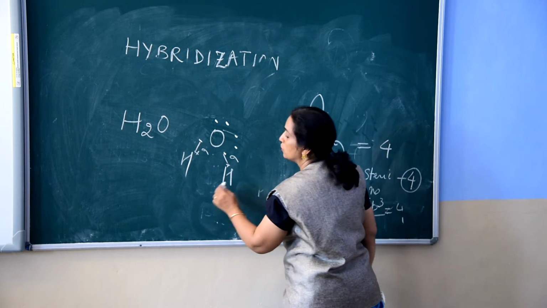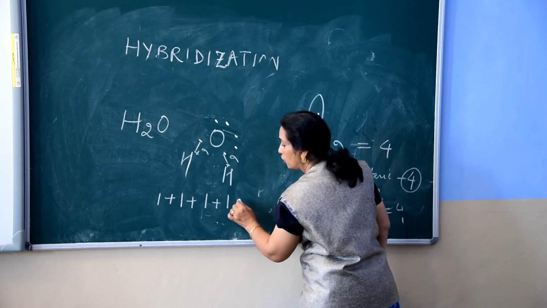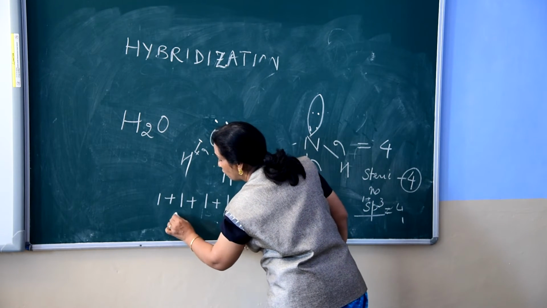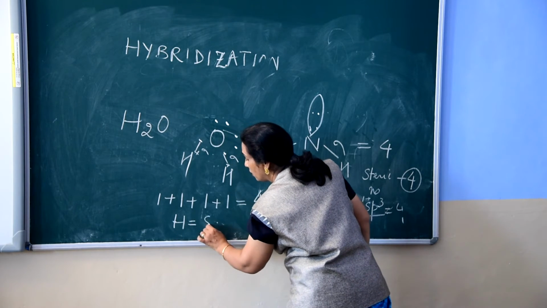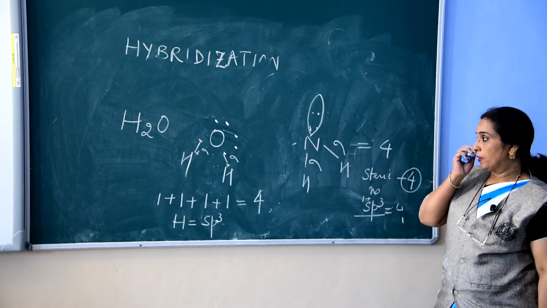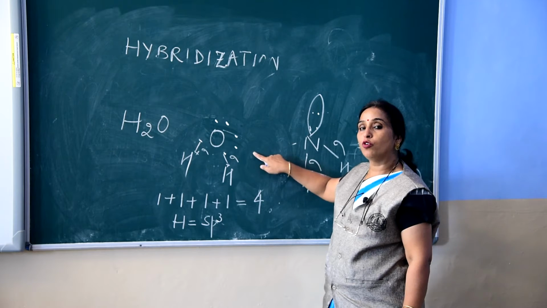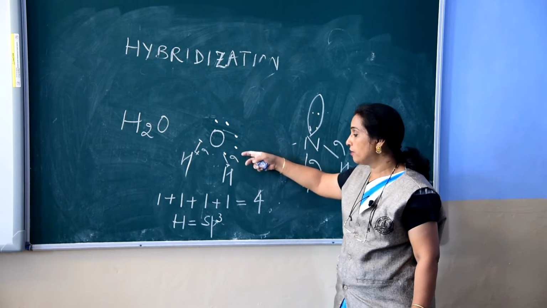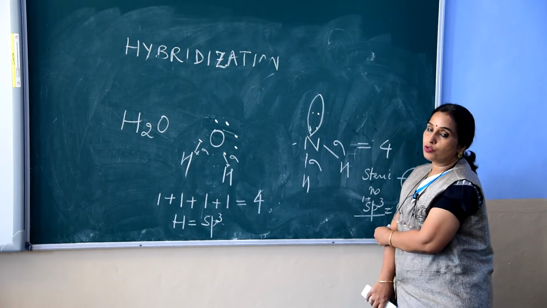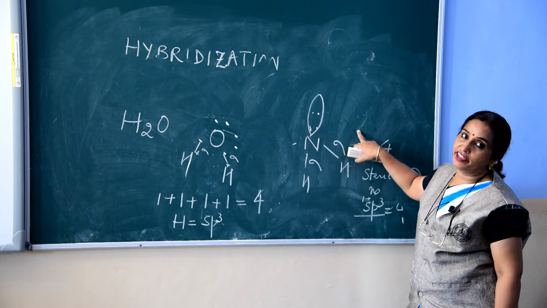The steric number will be 1 plus 1 plus 1 lone pair plus another lone pair, equal to 4. So, the steric number is equal to 4. So, the hybridization in case of water is again sp3. Though the geometry is not tetrahedral, depending on the number of lone pairs there is a distortion in the geometry, but hybridization in case of water is also sp3. In case of ammonia also it is sp3.